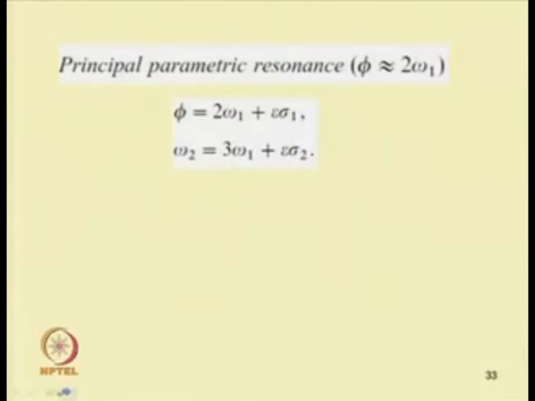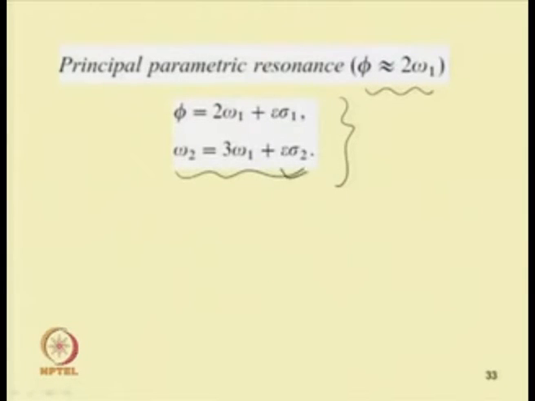While solving this equation by applying the method of multiple scales, one can study the system for either 2 mode or 3 mode interaction. When the system is studied for 2 mode interaction, the external frequency is taken nearly equal to twice the first mode frequency, and the second mode frequency nearly equal to thrice the first mode frequency.